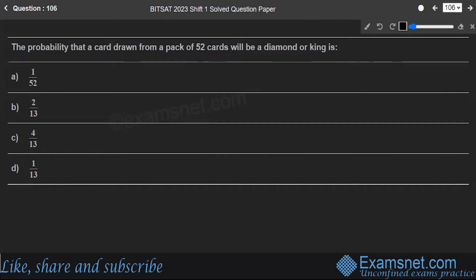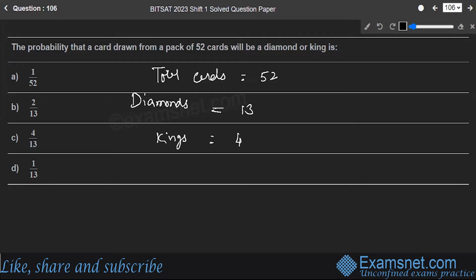The probability that a card drawn from a pack of 52 cards will be a diamond or a king is. You know the cards, like total cards 52. So how many diamonds are there? There are 13 diamonds and 4 kings. Right.